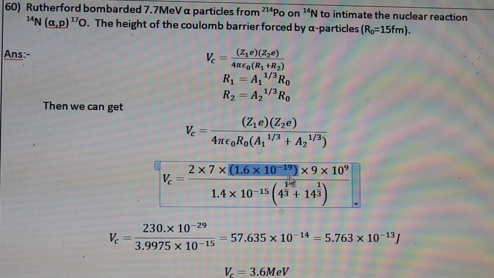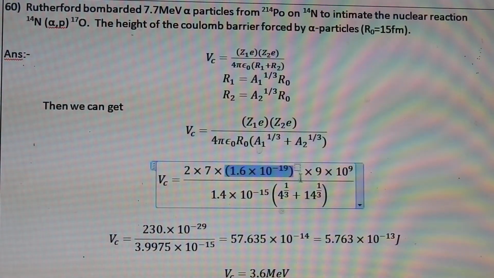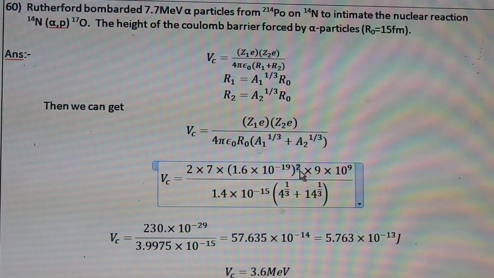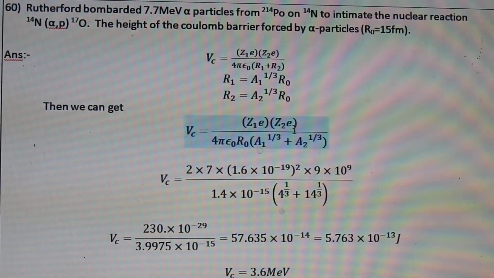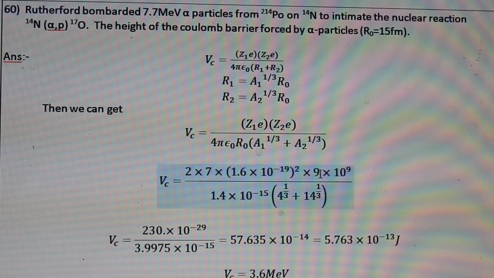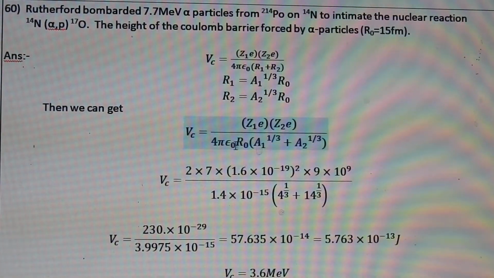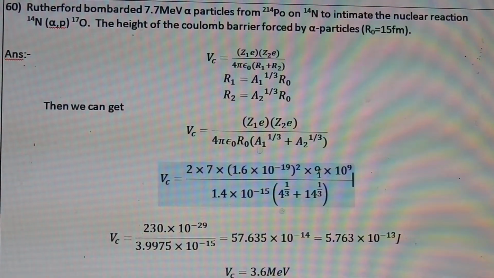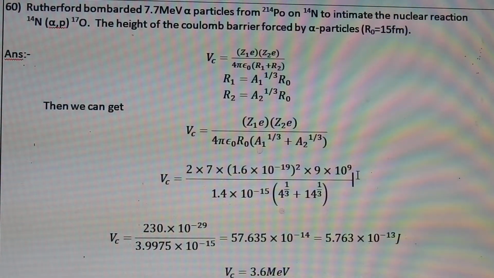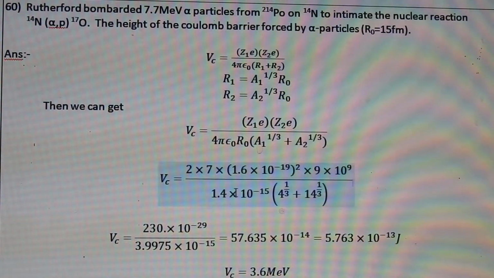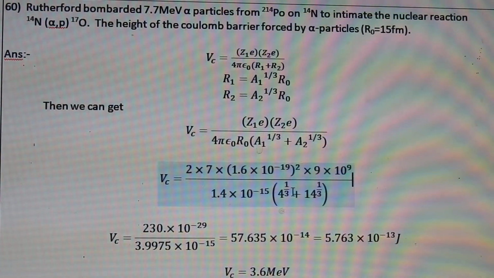So the square value is total square, I am inserting here. This 4 pi epsilon naught value is 9 into 10 to the power of 9 divided by. R naught value is 1.4 times 10 to the power of minus 15 fermi.